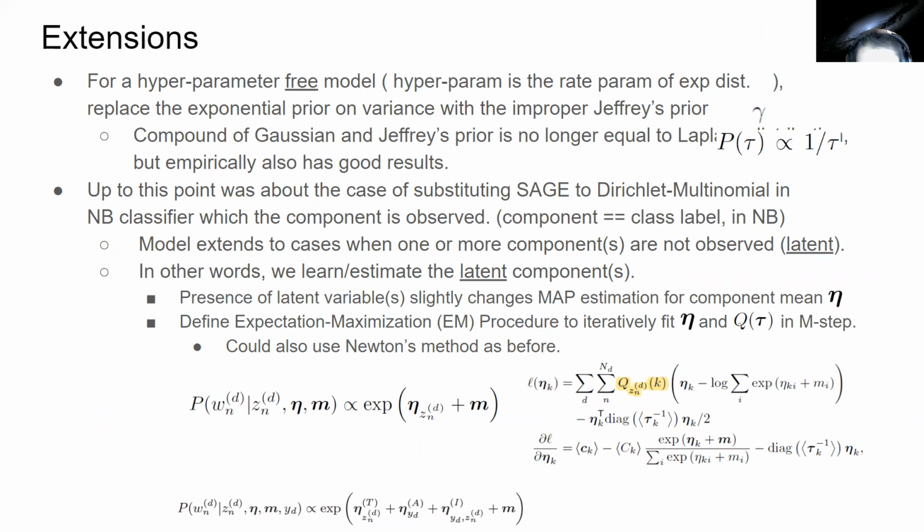C_n is the index for the latent component. So based on the variational distribution of the latent variable, we try to get the expectation of the true count, since we are no longer given it. Okay, so that's the change in the equation.